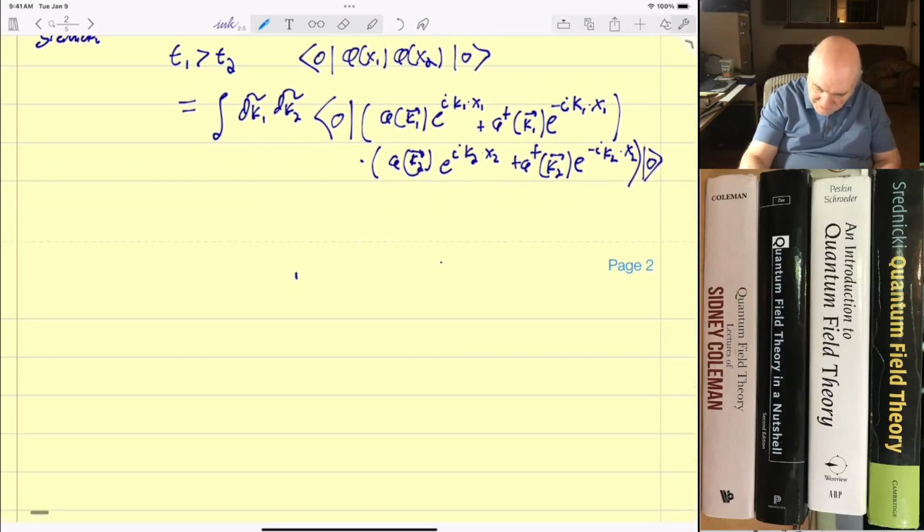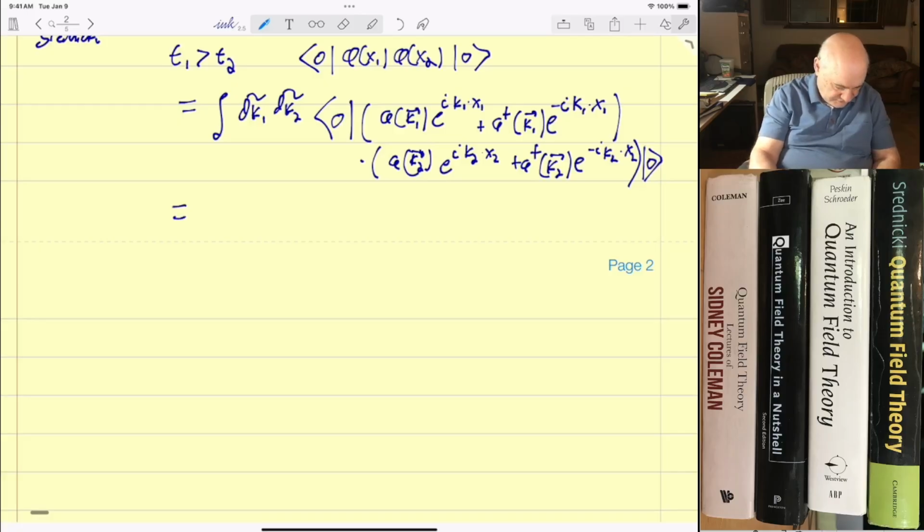Okay, now this is easy to handle. First of all, the a dagger kills the vacuum on the left side, and the a, in the second term, kills the vacuum on the right side.